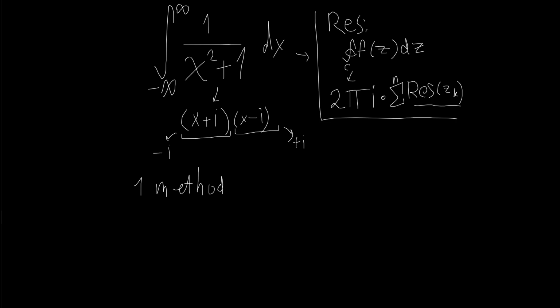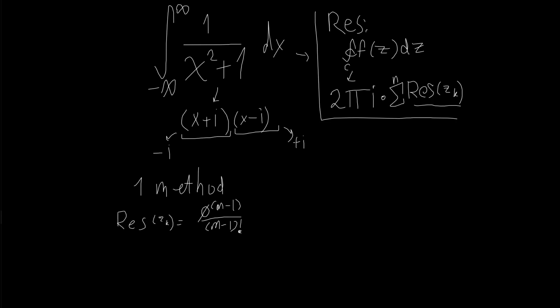Basically, the residue of f of z at zk is equal to phi to the m minus 1 over m minus 1 factorial.